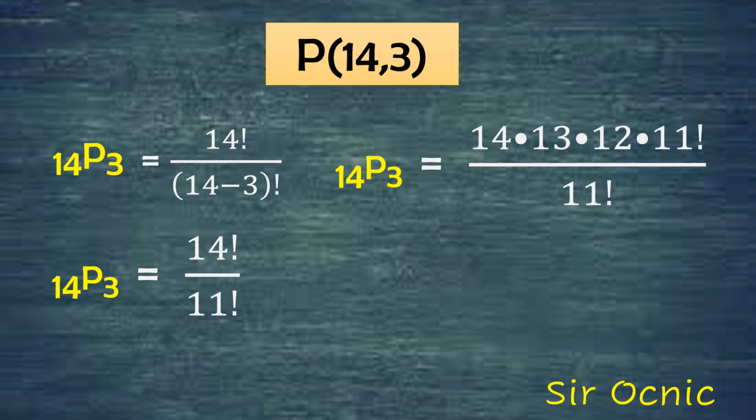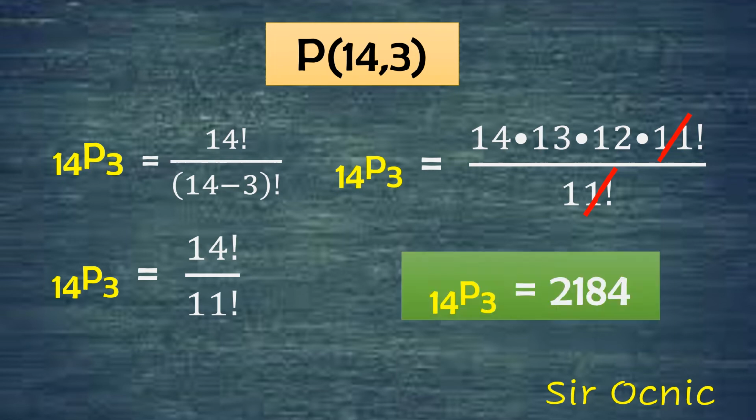Canceling the common factor, which is 11 factorial, we will have 14 times 13 times 12, which is equal to 2,184. That means that the permutation of 14 taken 3 at a time is equal to 2,184.